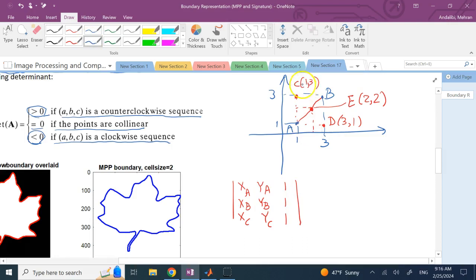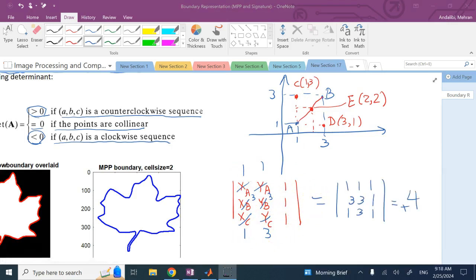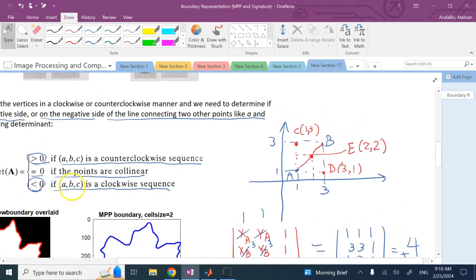For point C, on this left side, we have (1, 1), we have (3, 3), and we have (1, 3), right? If you use Sarrus's method, how much would you get? The value is going to be positive 4, right? So for this C, the value is positive 4, so that is on the positive side of this line.